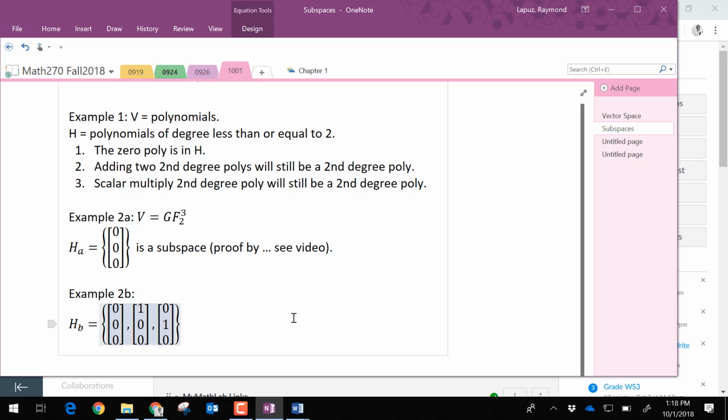The first one, 0 is in there, right? So that's cool. Now, if we take 2 elements here and we add them, is it going to be in the subspace?